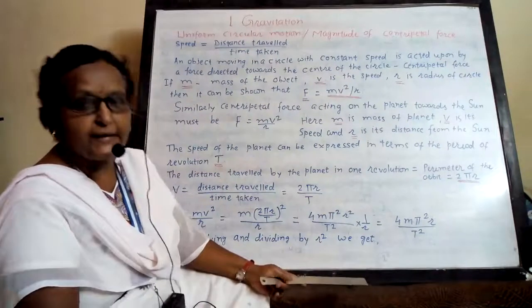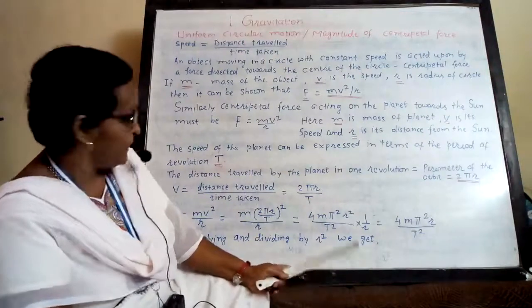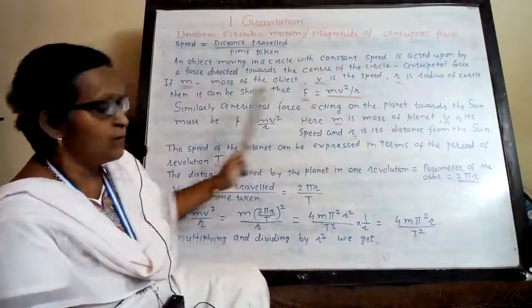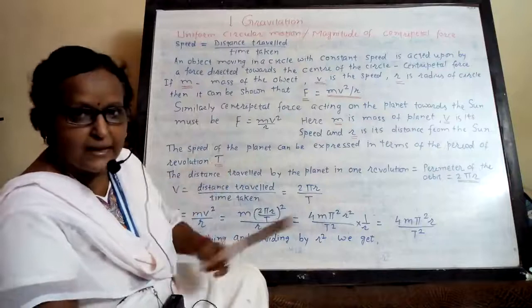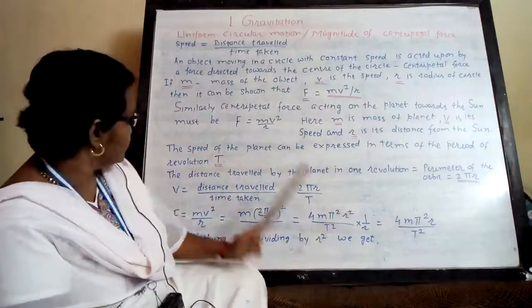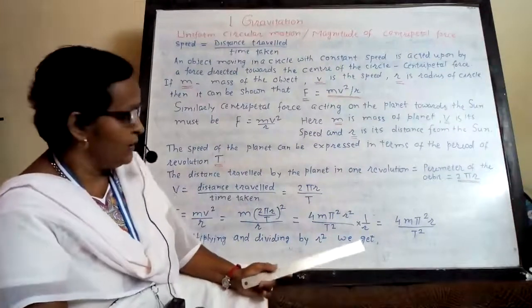The planet is revolving around the sun in an elliptical orbit. So the centripetal force acting on the planet towards the sun, due to which all planets revolve around the sun, must be F is equal to mv square upon r.